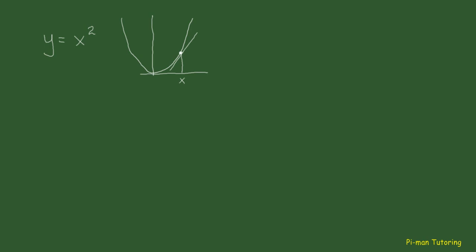So if we use the expression that we just had, we would say that the slope of the tangent is equal to the limit as h gets closer and closer to 0 of f of x plus h minus f of x divided by h.